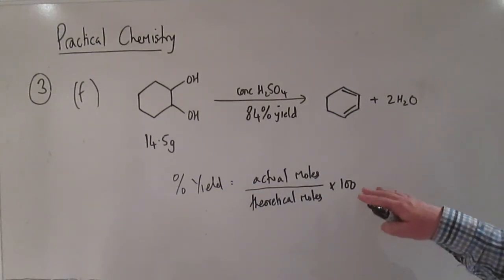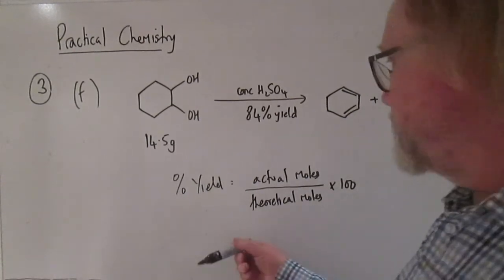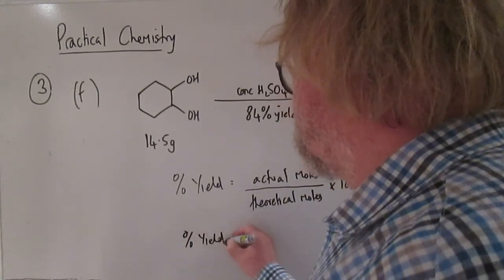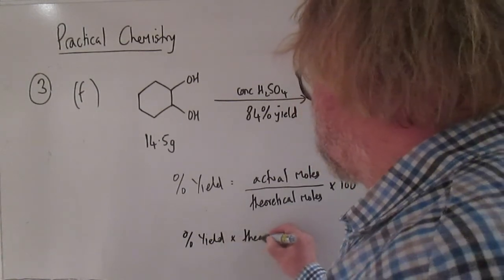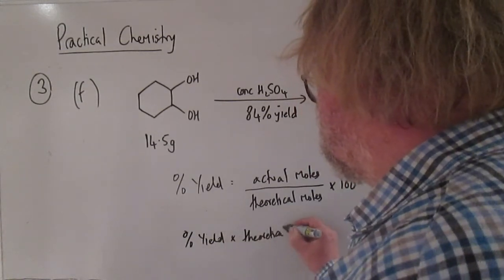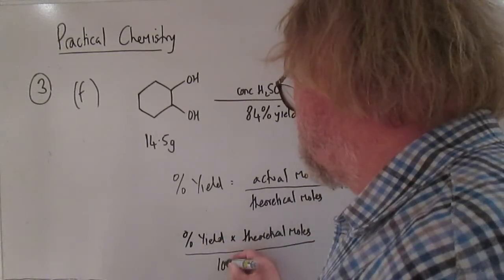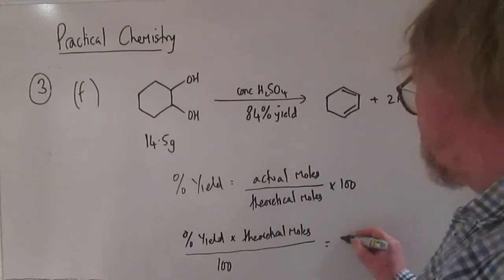So if we just simply rearrange that, we can get that the percentage yield times the theoretical moles divided by 100 is equal to the actual moles.